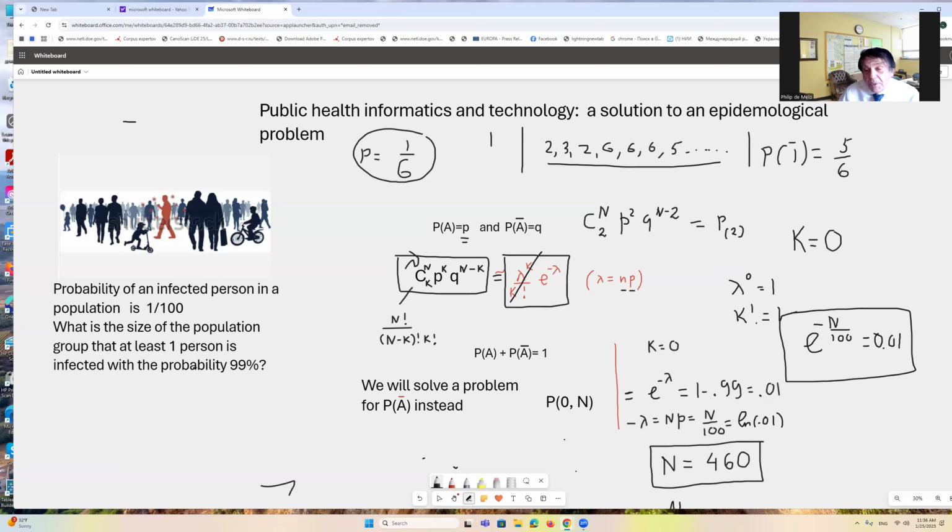That's it. So now we have to find n. N is very simple, because we apply the natural logarithm to this equation.